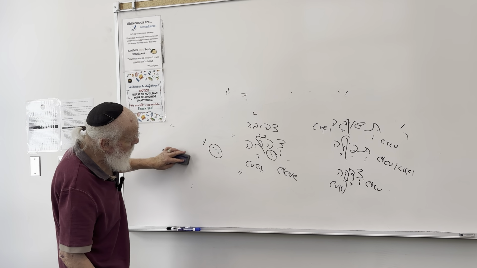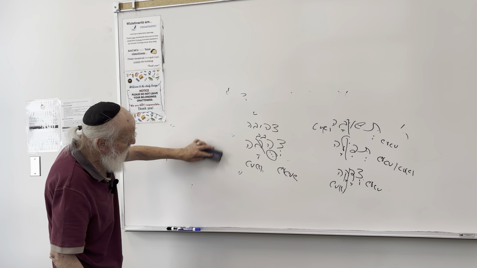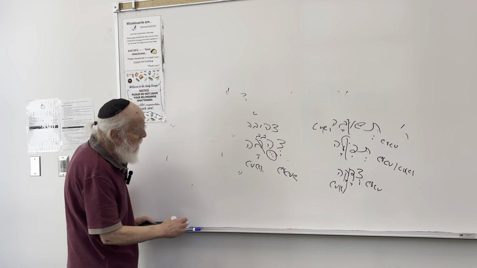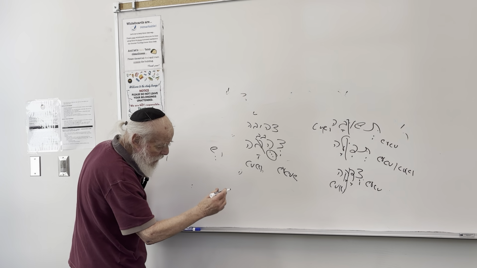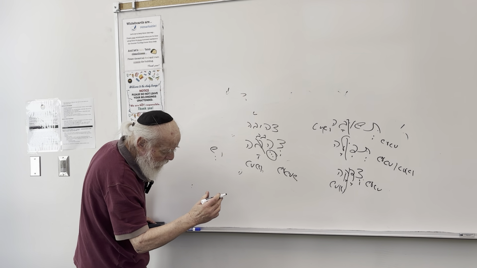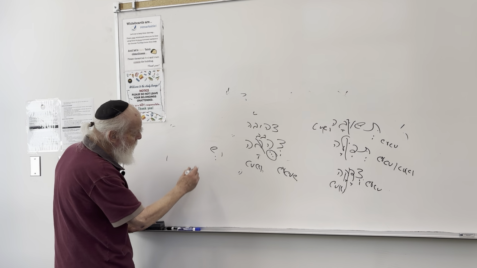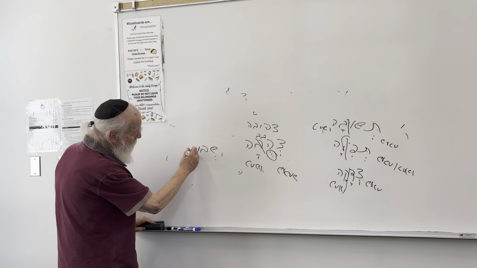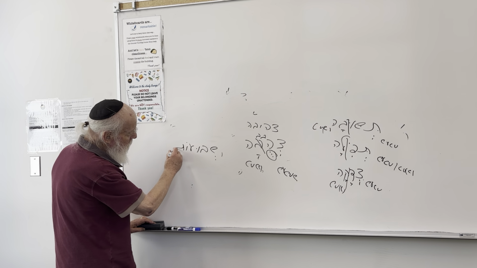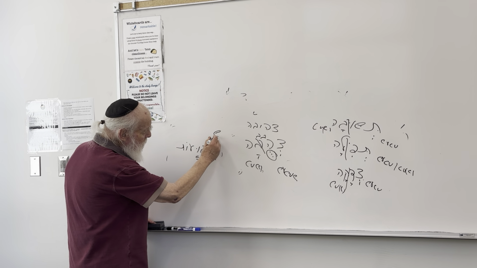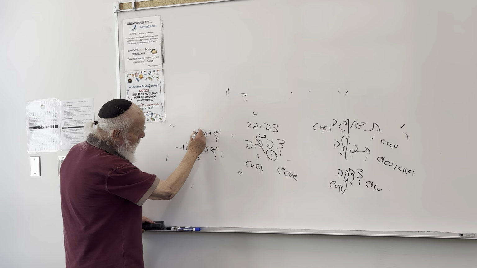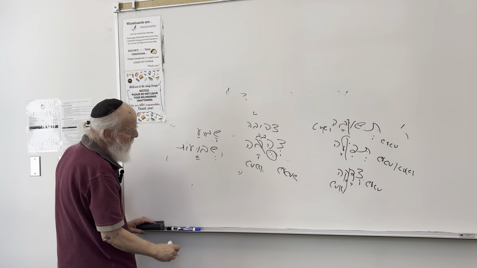How many words have a short kubutz? The word that comes to mind right now is shavuot. You take the word shavua and make it plural, weeks, not the holiday shavuot, but the word weeks, shavuot. I have a long shurk here. In the singular, shavua, I have a stolen patach.